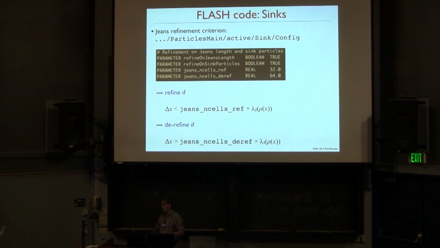But in a more diffuse medium, you can allow the simulation to be resolved much more just by increasing this number, the number of grid cells you want to resolve your Jeans mass. This might be important, for instance, if you want to resolve the turbulence within a Jeans length during the collapse. Of course, you want to have much more grid points than just 4. You want at least of the order of 30 to get internal structure within a Jeans length.